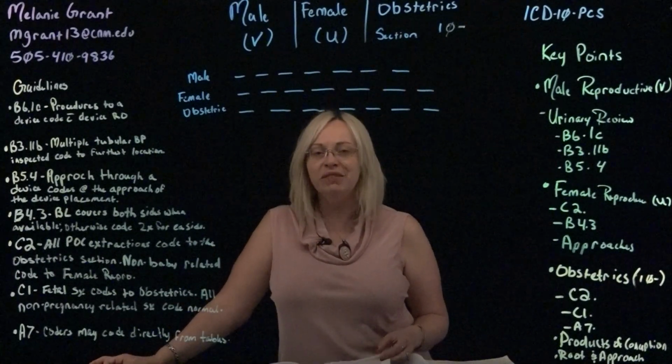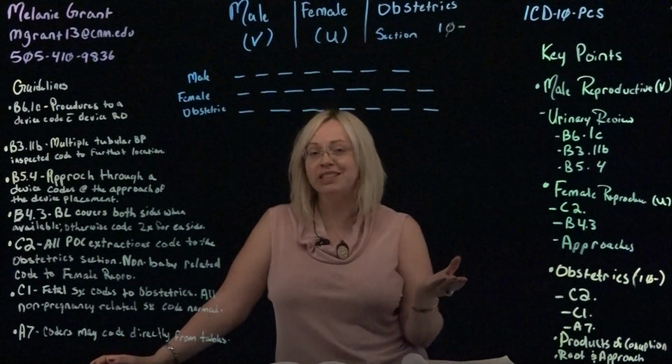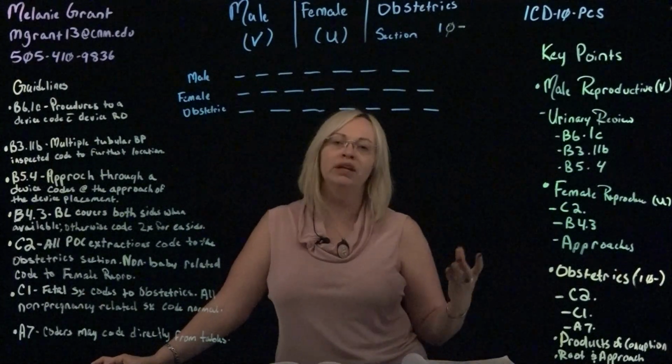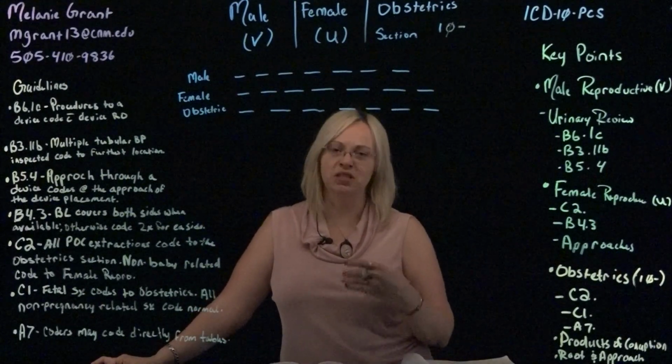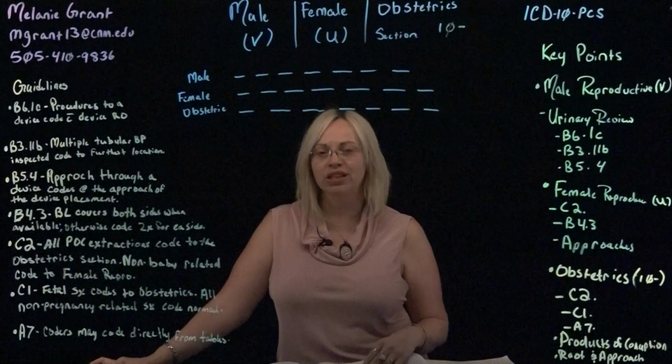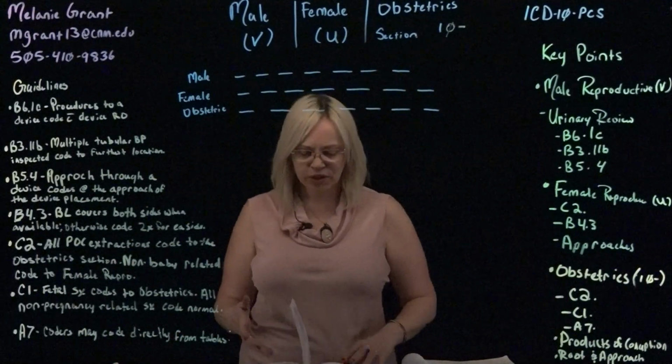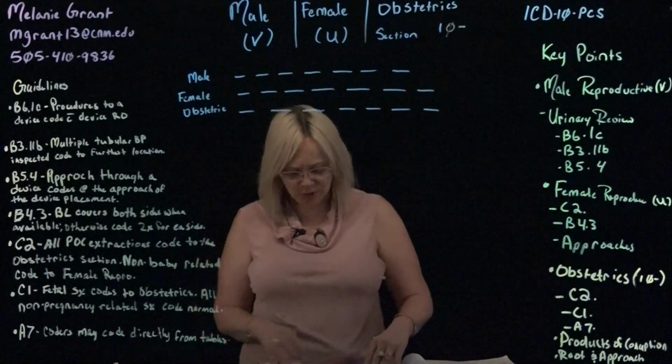If you go through that device, then your approach is percutaneous, not endoscopic, because the device itself is holding open an already percutaneous procedure. And so you're still percutaneous in your approach. So those are our 3 guidelines from the urinary that I wanted to carry over into our male just as a quick review.